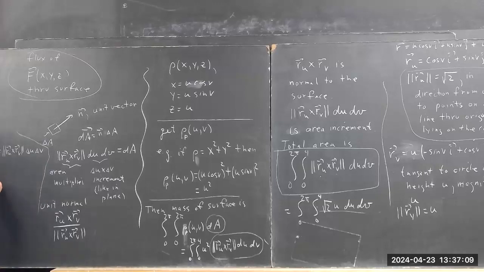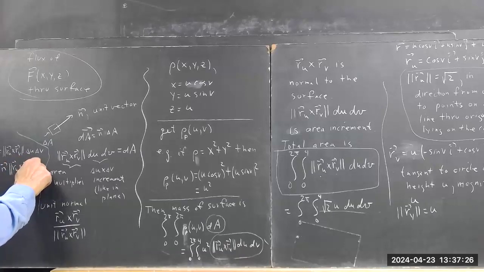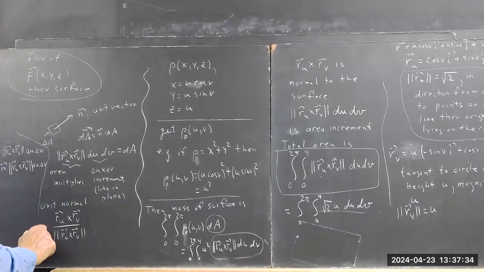So what's the vector delta A? It's your unit normal times the magnitude of RU cross RV delta U delta V. What's your unit normal? So here's your unit normal. What do you get now if you plug this expression into this?